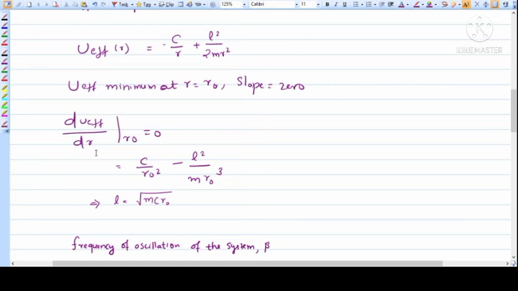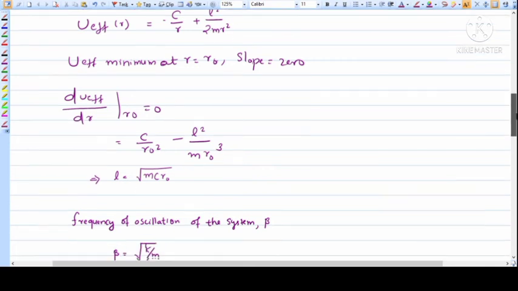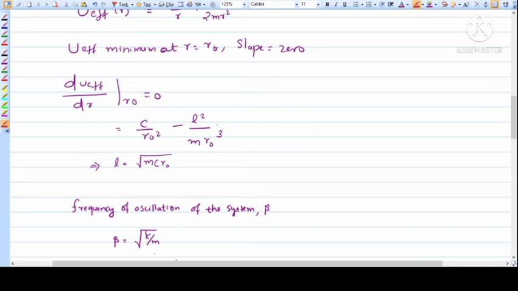Therefore dU effective by dr at R equal to R0 is equal to 0. Differentiating once with respect to R, you get C by R0 squared minus L squared by M R0 cubed, and this equals 0. Equating this, you get L equal to root of M C R0. R0 is constant, C is G M me is constant, and M is constant, therefore L is constant.